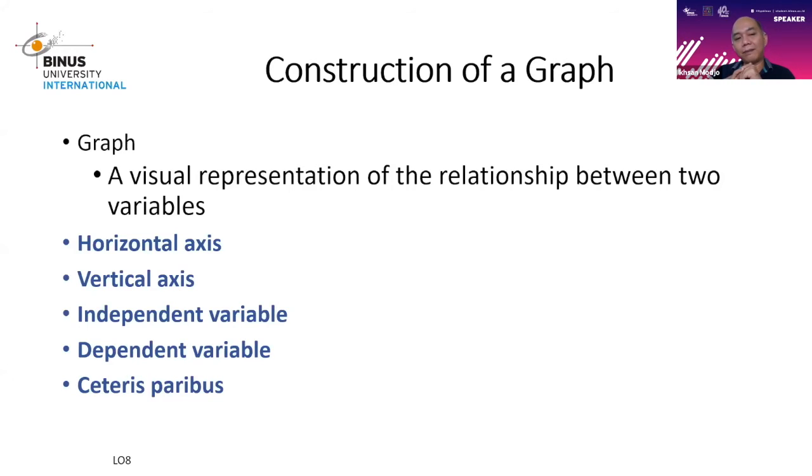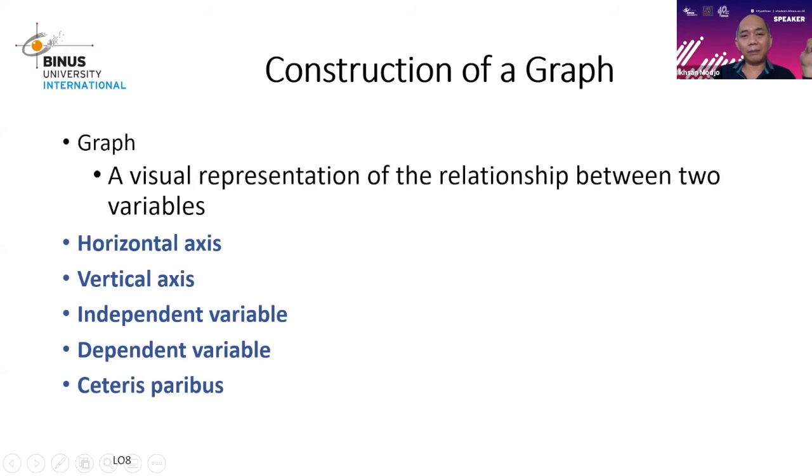And in a graph, we have what we call the horizontal axis and the vertical axis. We have the independent variable and the dependent variable. We're going to discuss it in turn, yeah? But the first thing you have to understand is that the graph is a visual representation of a relation.